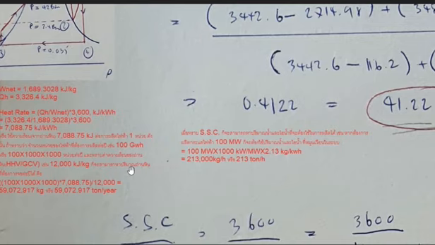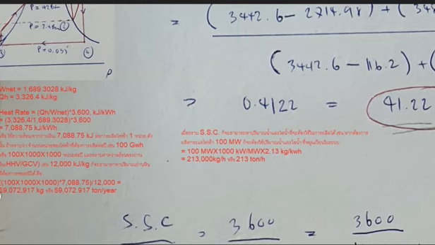Say this higher heating value is equal to 12,000 kilojoule per kilogram, which is quite normal, an average value for coal.